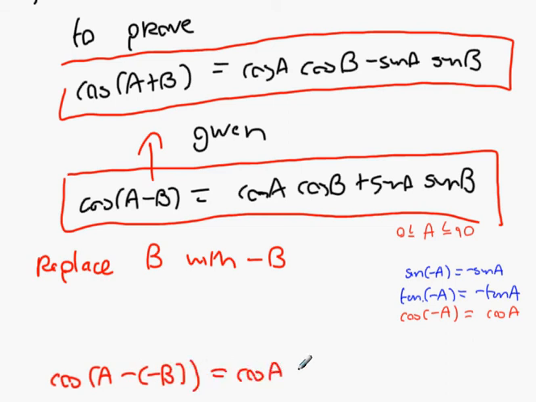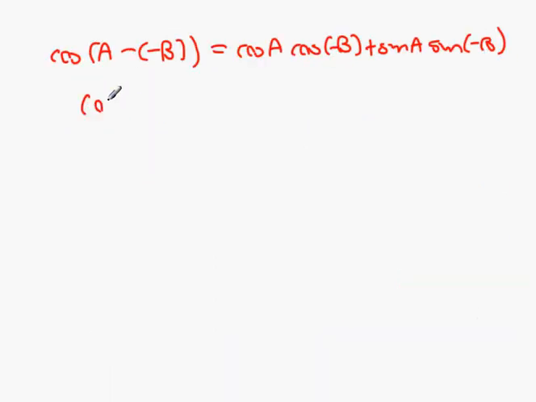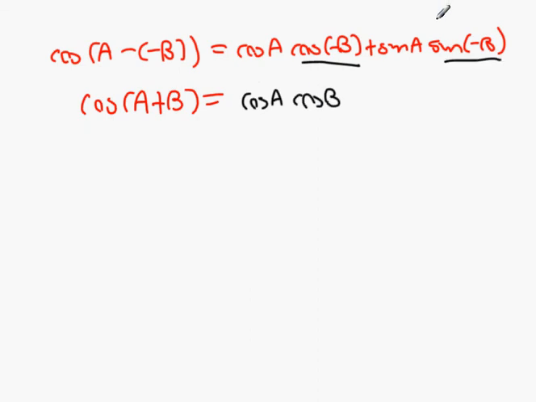B. And then replace any B's you see here with minus B. Now all of a sudden we have minus minus B, which is plus B. What is cos of minus B? Plus cos B. What's sine of minus B? Minus sine B. And what's plus sin A multiplied with minus sin B? Minus. And that's your proof done.